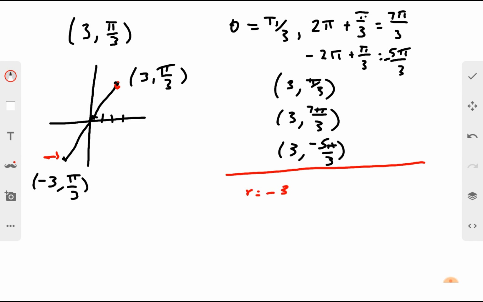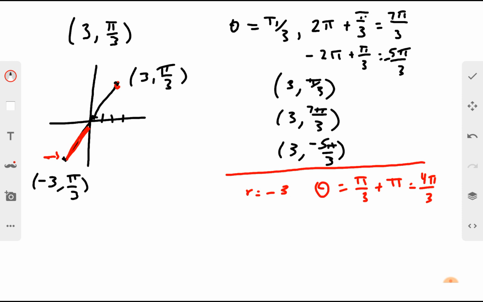If we want r to be negative 3, we're going to have to take our pi over 3 and add or subtract 180 or pi to it. So let's see what that does. That's going to give us 4 pi over 3. And that's this angle right here.